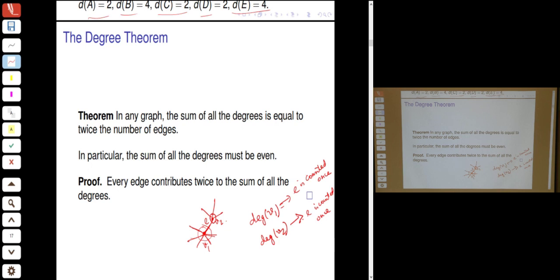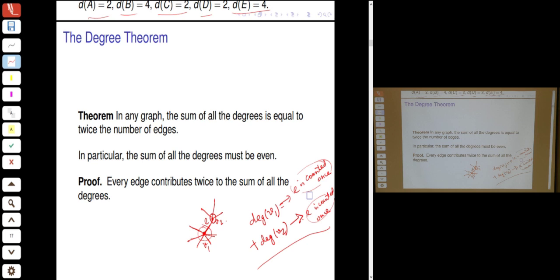So, now when you are summing these 2, the edge E is being counted twice, right. The edge E only contains the vertices V1 and V2. So, when you look at the degrees of other vertices, the edge E will not come up in the calculation. When you are summing the degrees of V1 and V2, the contribution of the edge E is coming up twice.